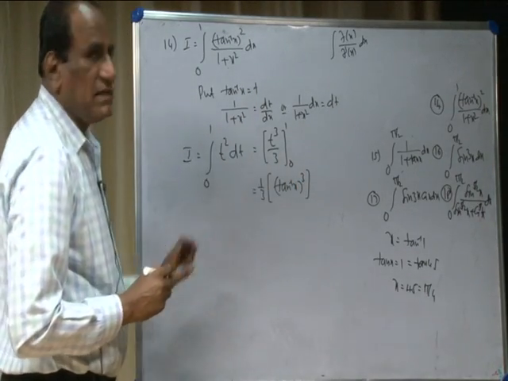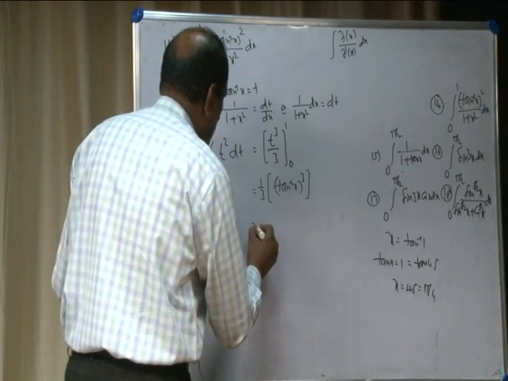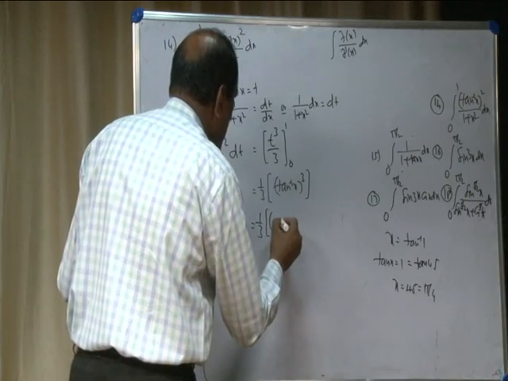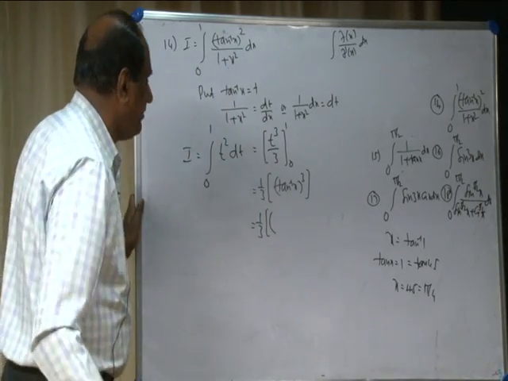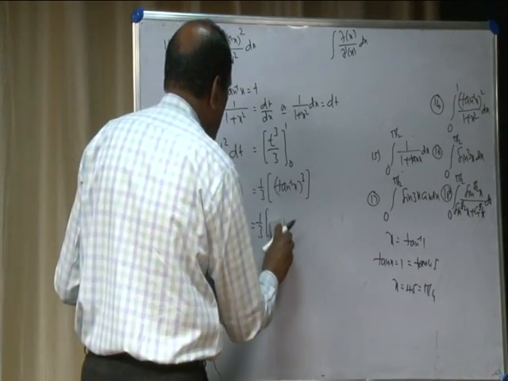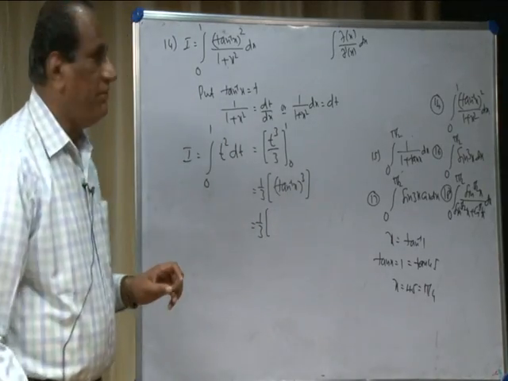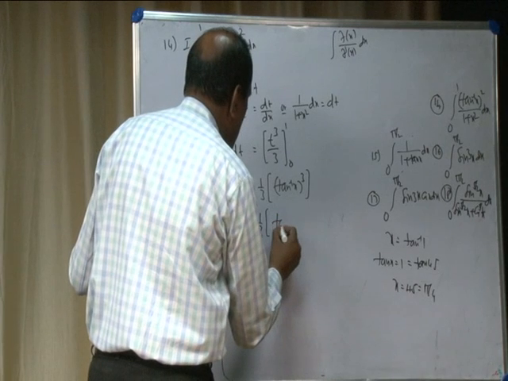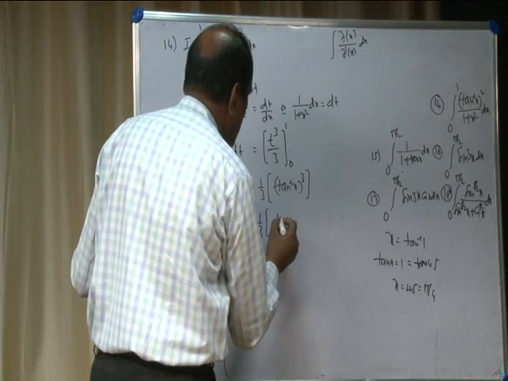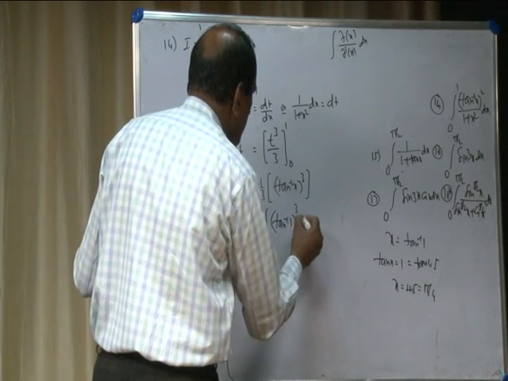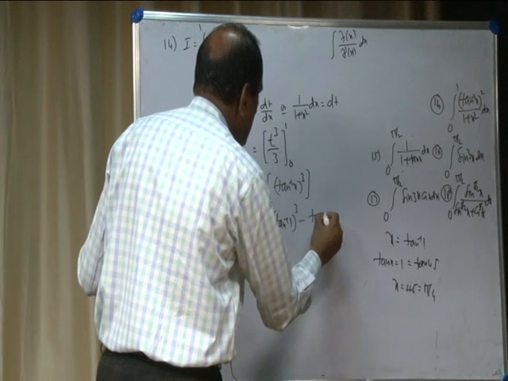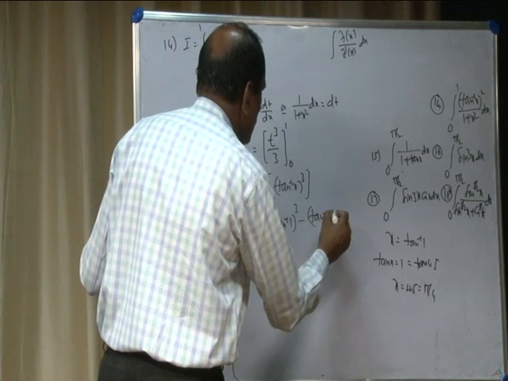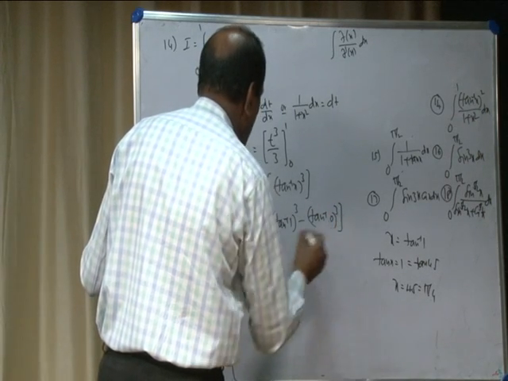Now, 1 by 3 into, apply the limit directly: upper limit is 1, so tan inverse 1 whole cube minus tan inverse 0 whole cube, close the bracket.